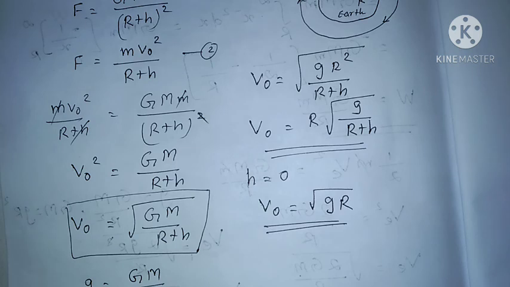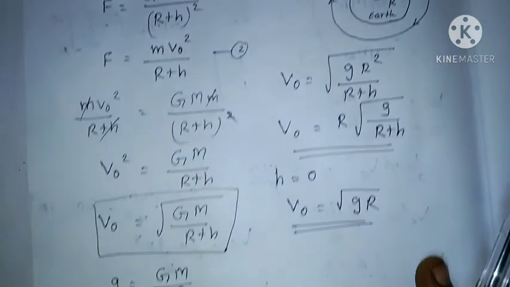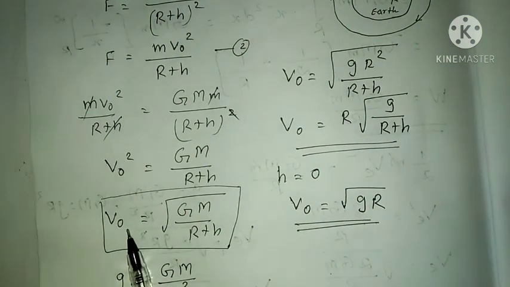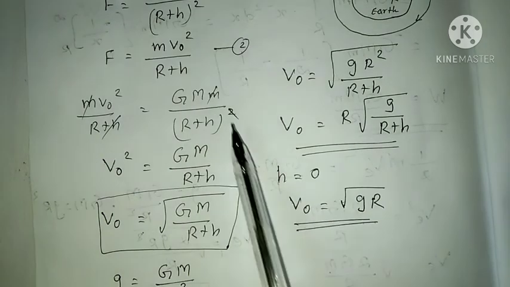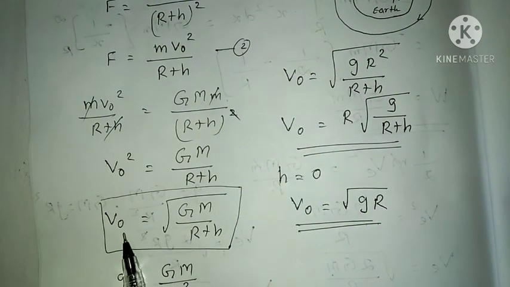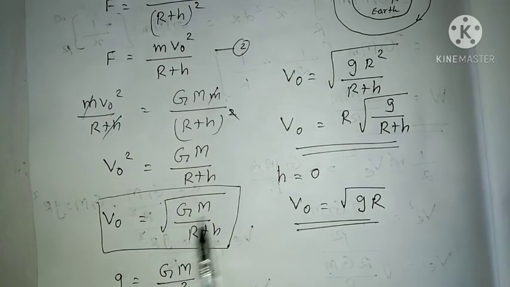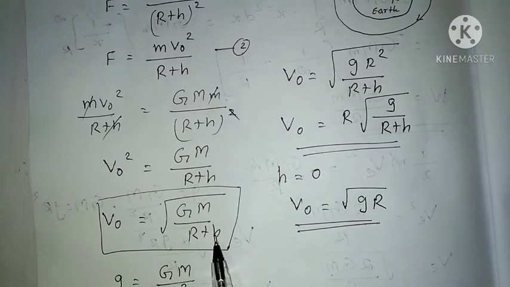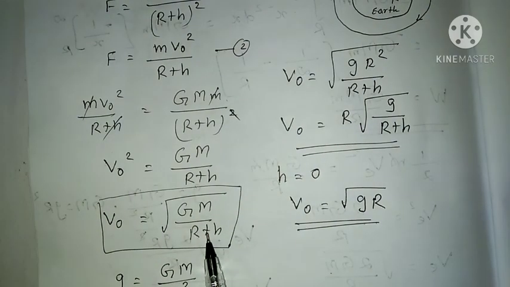Some important points related to this orbital velocity: from the equation we can see that the orbital velocity is independent of the mass of the satellite. Here we noted the mass of the satellite is small. So orbital velocity is independent of the mass of the satellite. And the orbital velocity decreases with the increase in the radius of the orbit and with the increase in the height of the satellite.